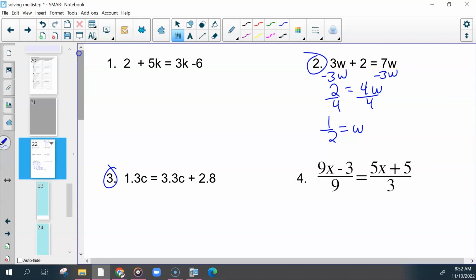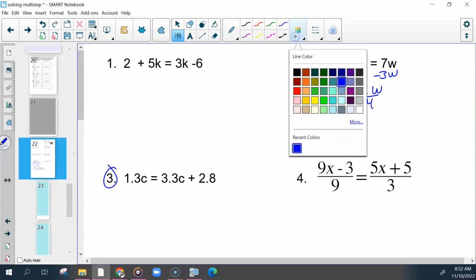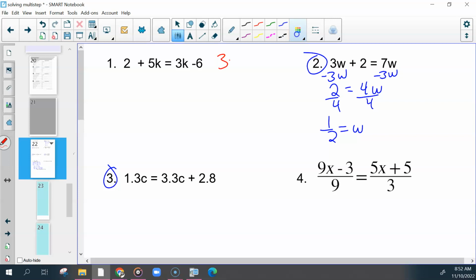Now, really quickly, I'm going to show you what would happen if I moved 7w over instead. It changes the way the problem looks.